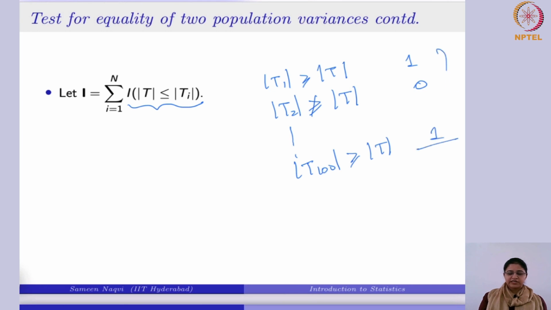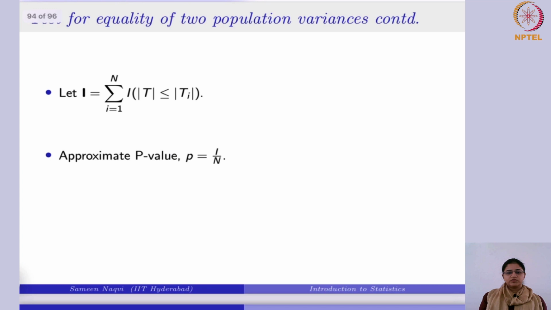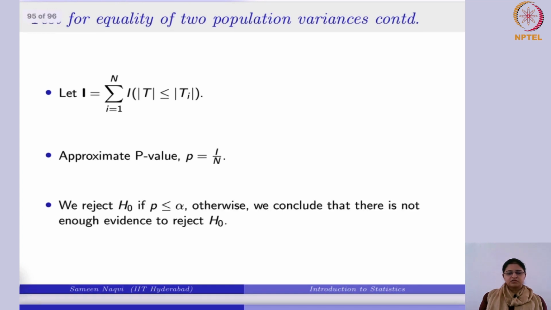You will count how many times these ones are coming, and that will be your I. Then you will take the proportion I by n, and finally you can make the decision whether to reject or not. So this is about the variance and means that we have seen.